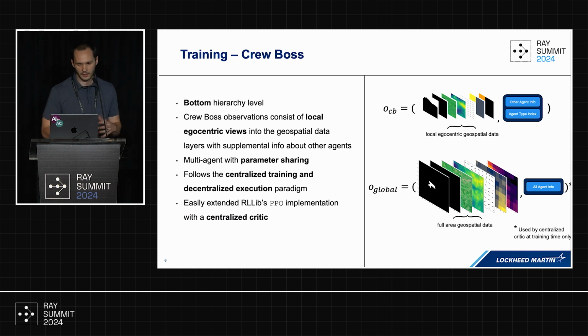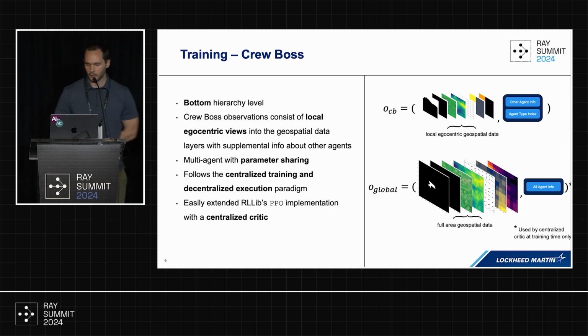So basically they can see around their position, what does the fire look like, what is the topography look like, what does the wind look like. And the reason this is what we give them is because this is the information that's going to inform how the fire spreads and then also what they can do about it, so the suppression dynamics. Then we also give a bit of supplemental information on the other nearby agents, which facilitates coordination.